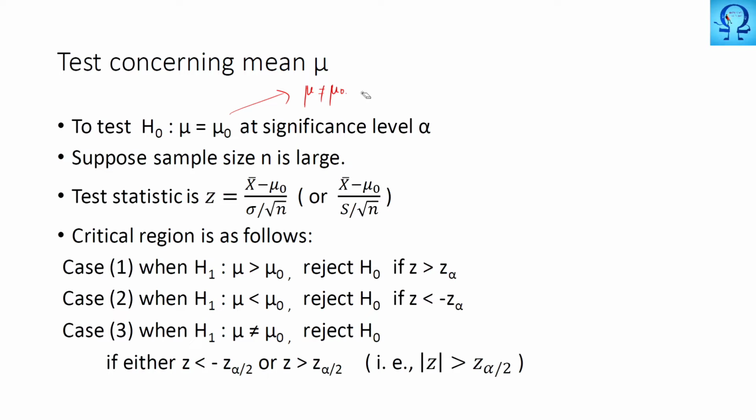It is not necessary that one should always check for mu not equal to mu naught. So we have three different cases: mu is bigger than mu naught, mu is smaller than mu naught, and mu is not the same as mu naught. These three are the possible alternatives. The researcher, or the person testing the hypothesis, is free to decide their own alternative hypothesis.